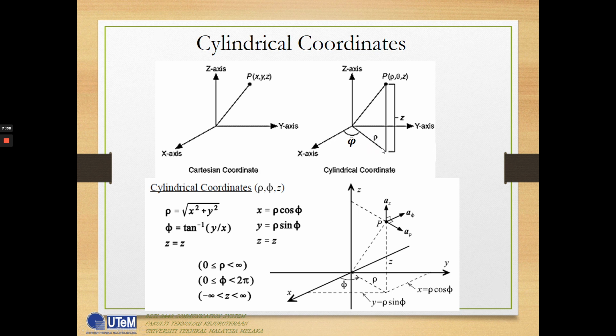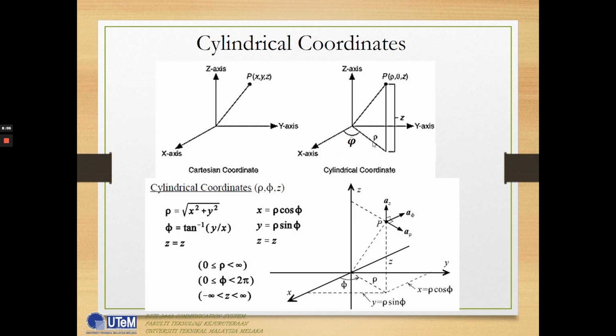If we move the phi angle, then we come here, and then we just need to add that z distance to locate this point. This is simpler actually, there is nothing complex about it. It's just a representation in a different way, that's all. The values are different, but the point is the same.